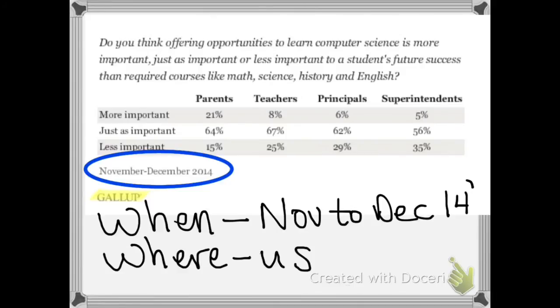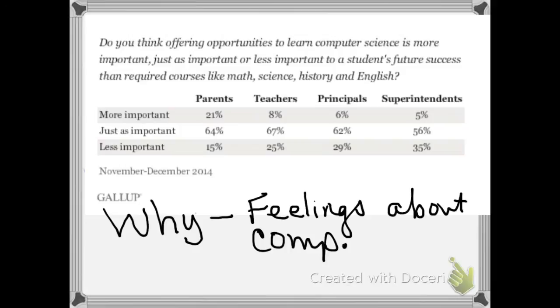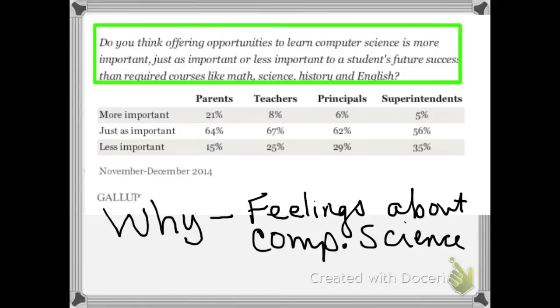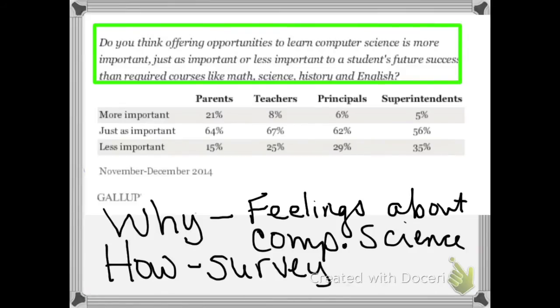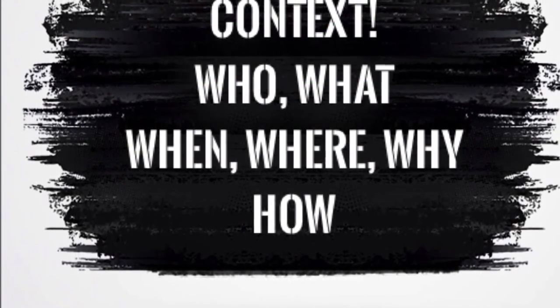But usually Gallup polls are strictly U.S. The why, well, you're going to have to kind of read the context of it, but they're trying to find out people's feelings about computer science, and it comes from the beginning and it tells you what they're asking. The how, well, Gallup usually does surveys, so I'm going to say it's with the survey.